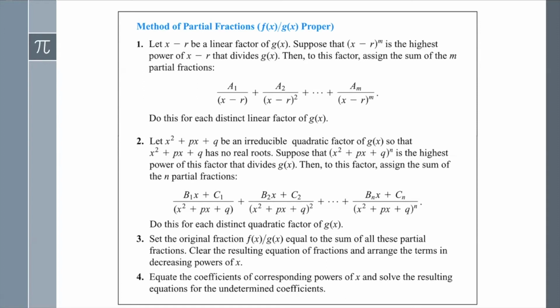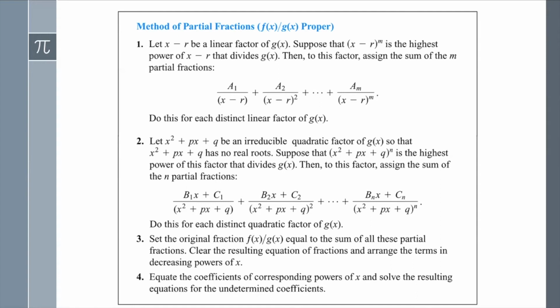So if I hand you a rational function and it's not proper, the very first step is long division in order to rewrite it in a form that involves a proper rational expression. So step 1 is to check the degrees and do long division if necessary.